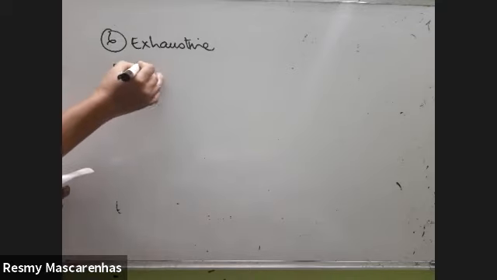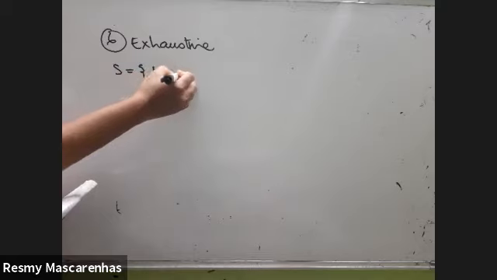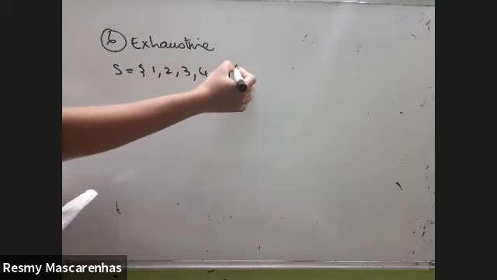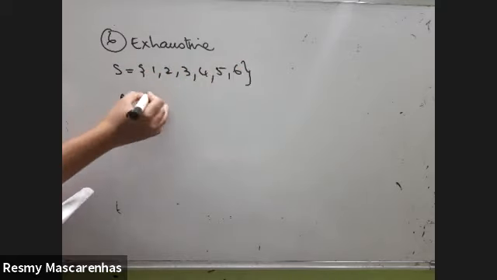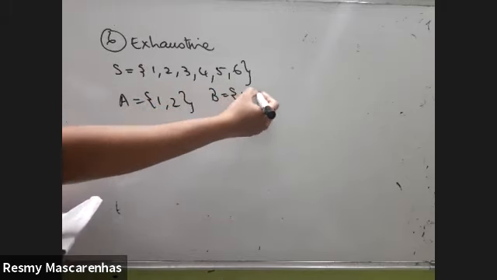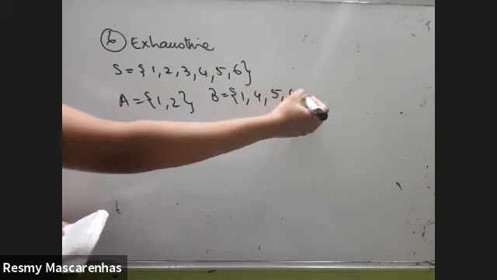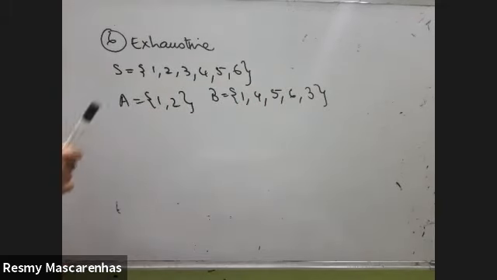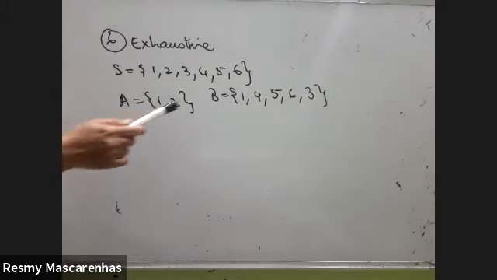Let me give an example. The sample space is 1, 2, 3, 4, 5, and 6. A is 1, 2. B is given, and you are told to find out whether they are exhaustive.